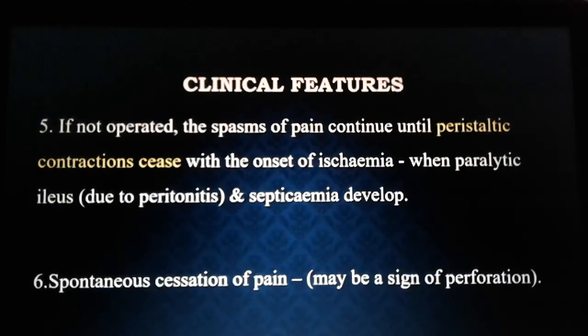Perforation leads to decrease in the distension of the abdomen and decrease in intestinal pressure, so the patient may experience some relief in pain. So spontaneous cessation of pain in a patient with strangulated hernia is not good. It could be a sign of perforation. Urgent exploratory laparotomy may be required.